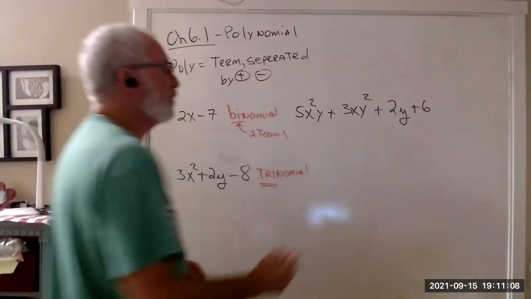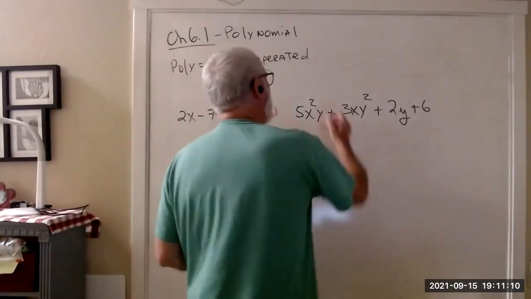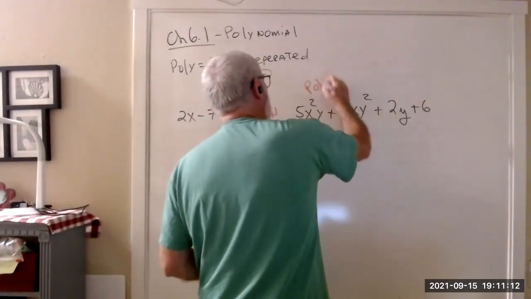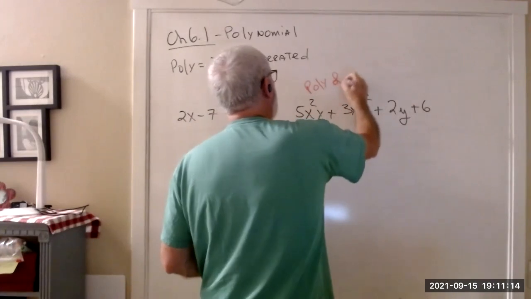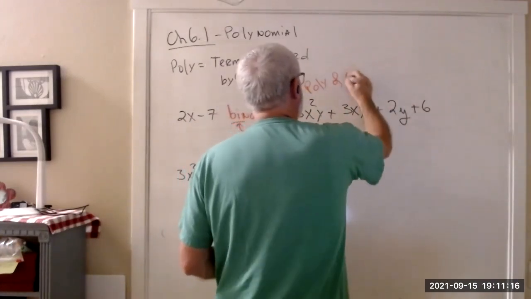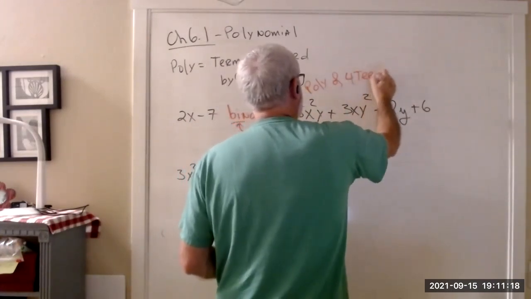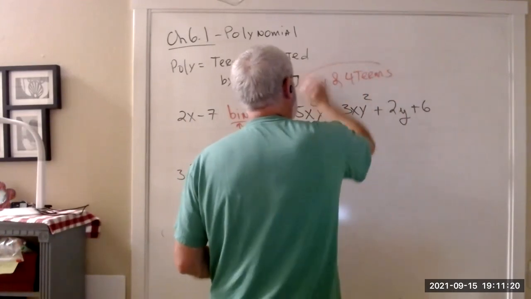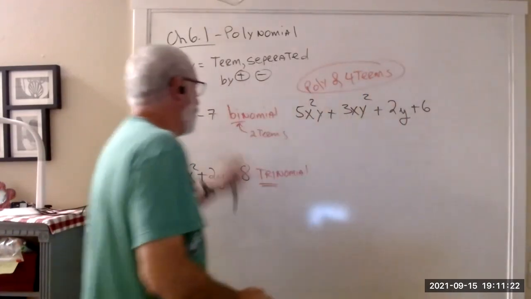Okay, this we just give up and we say it's a polynomial of 4 terms. After 3, we give up.